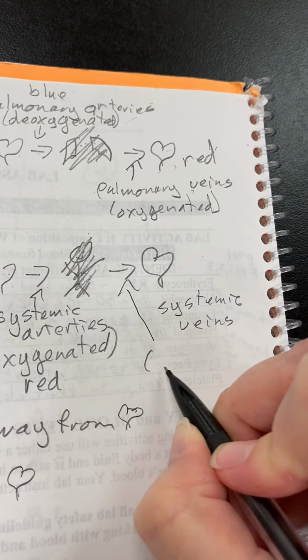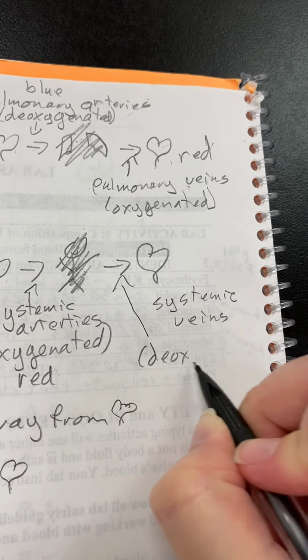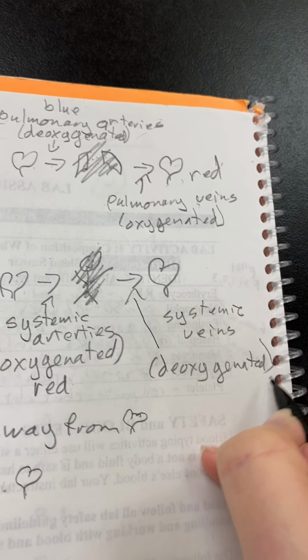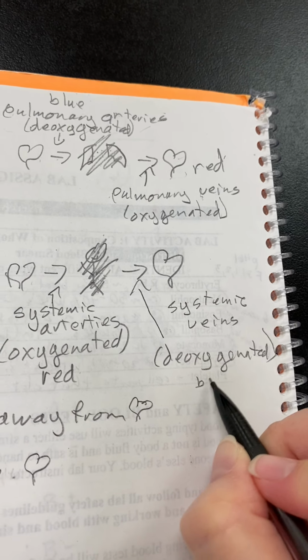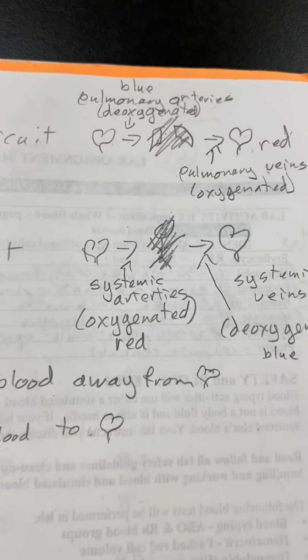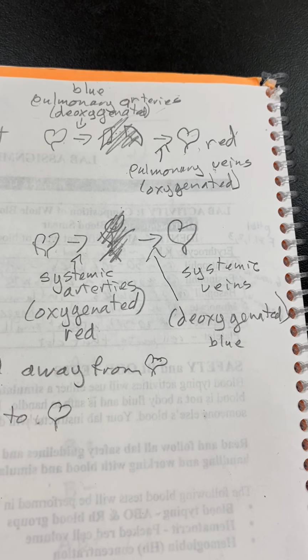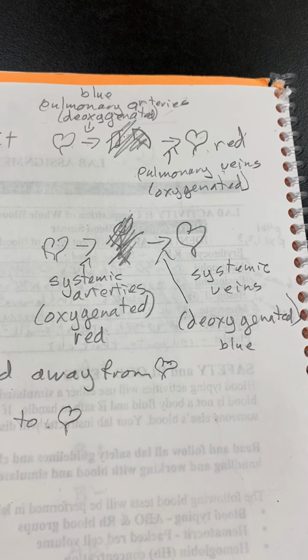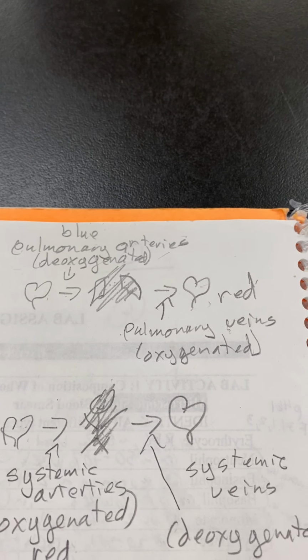And they carry what kind of blood? Deoxygenated. And our color code for that is blue. So in the systemic circuit, arteries are red and veins are blue. But in the pulmonary circuit, the colors are backwards.